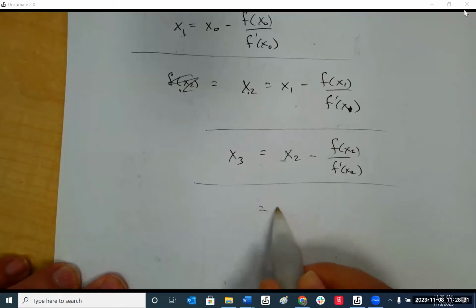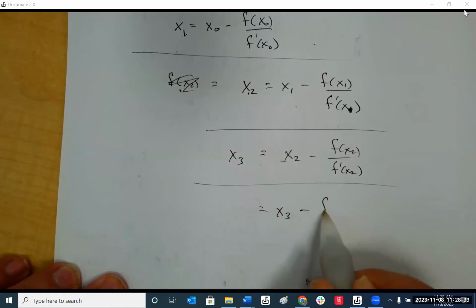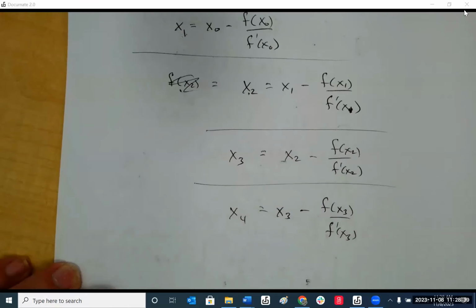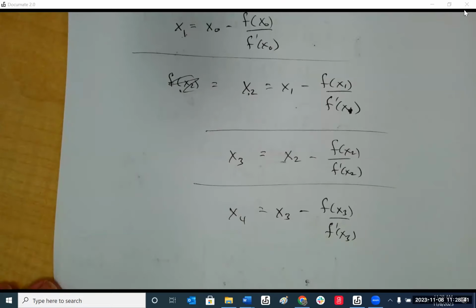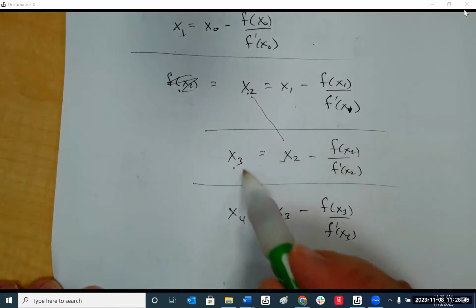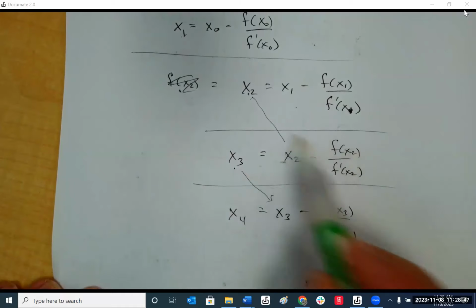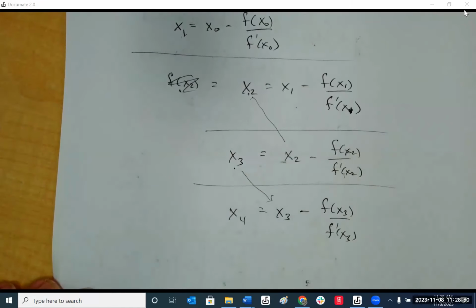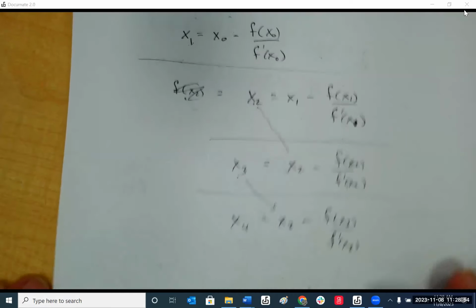And then that x3 is my initial guess next time. That will give me x4. So this becomes my initial guess next time, and that goes inside the functions. And so that's why it works so perfectly for computer applications, right, because it just does it automatically.